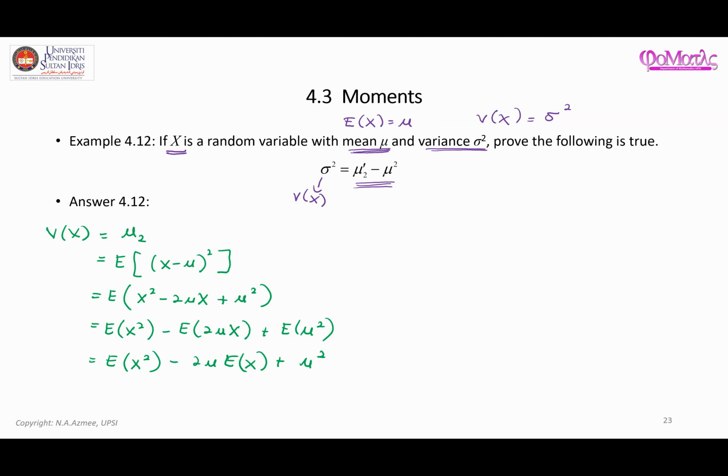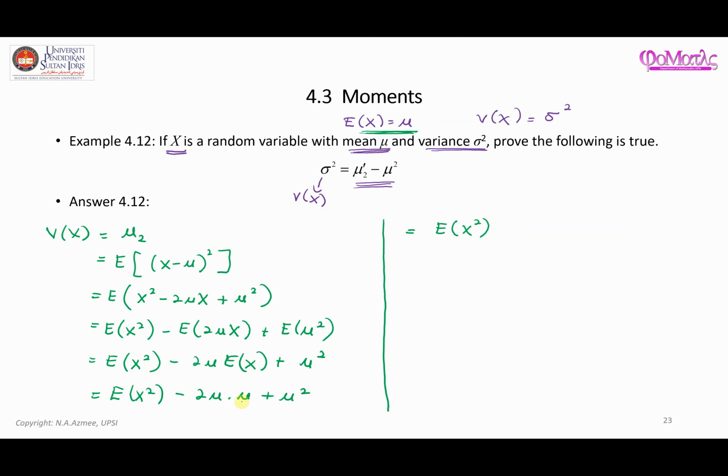Now we can further simplify. We have E of x squared minus 2 mu times E of x, which, like I said, is equal to mu, so we have times mu, plus mu squared. We can simplify that to E of x squared, minus 2 mu squared, plus mu squared.